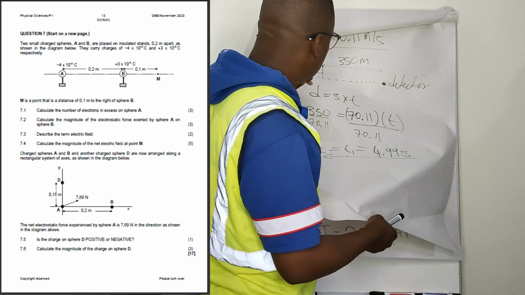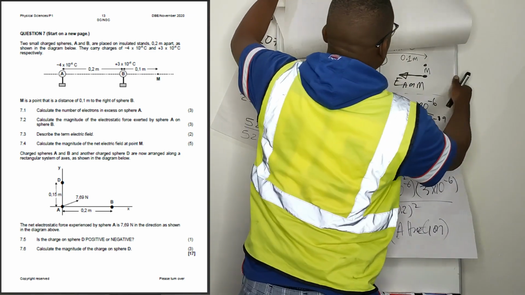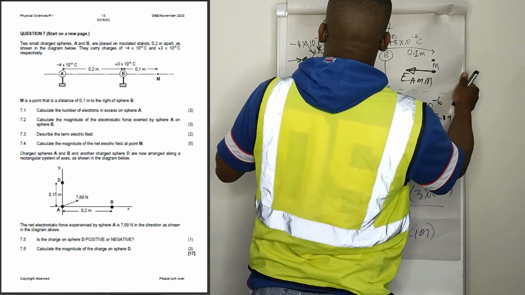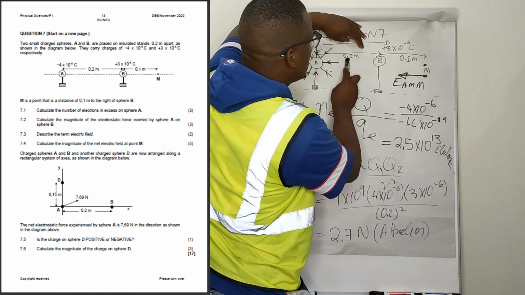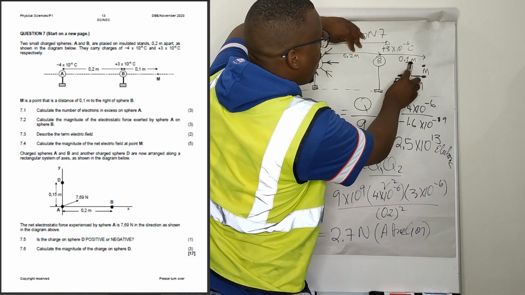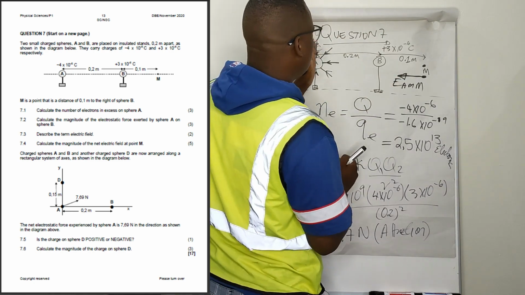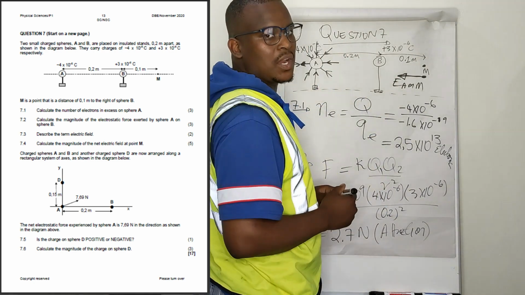The distance between M and A is 0.2 plus 0.1, which is 0.3 meters.